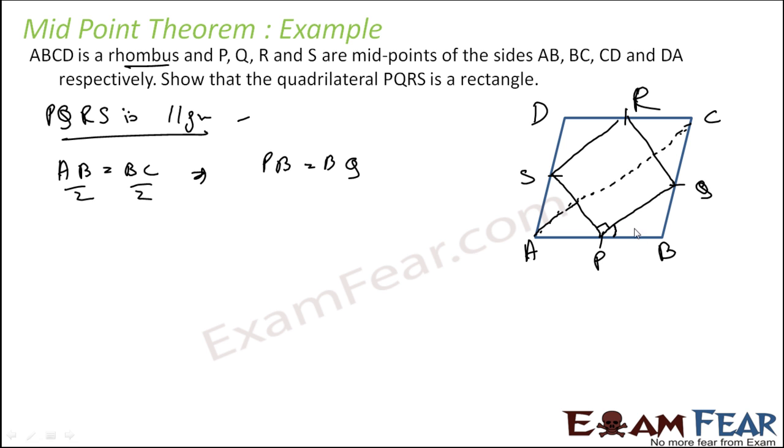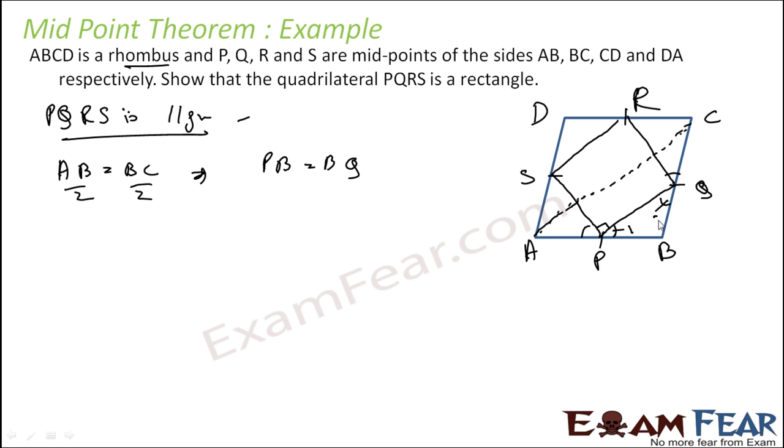So if PB is equal to BQ, these two angles will be equal. We have to prove that this angle is 90 degrees. It is a parallelogram, so if we can prove that these two angles are equal, we can prove this to be 90 degrees. If we can somehow prove these two angles are equal, we can prove that these two angles are also equal.